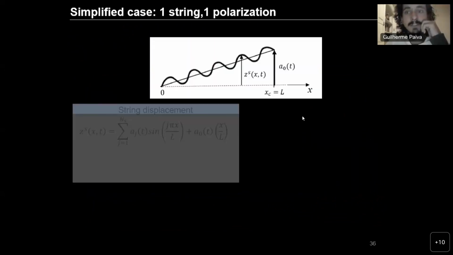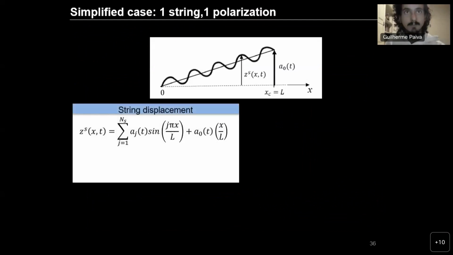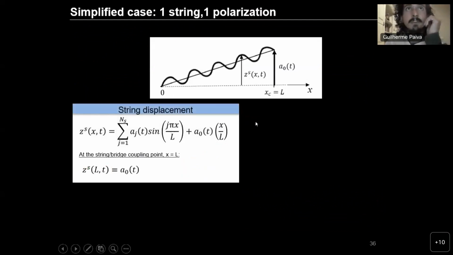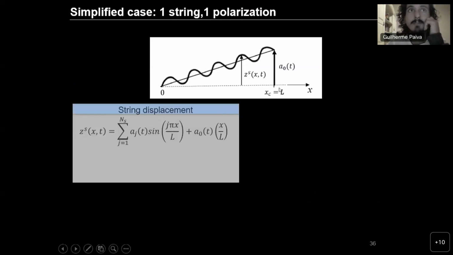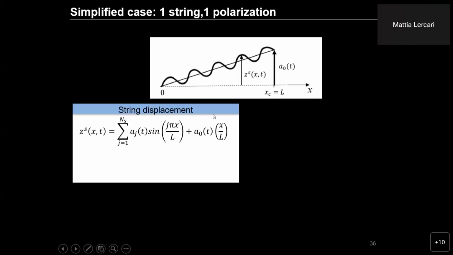Actually, I can show you more details here. For example, for a simplified case, if I consider one string and one polarization, we're going to have this representation. This is the coupling point, at x equal L. The displacement of the string can be described by the sum of these modes, which are the pinned end modes, plus the interface mode, which allows the coupling to the body.